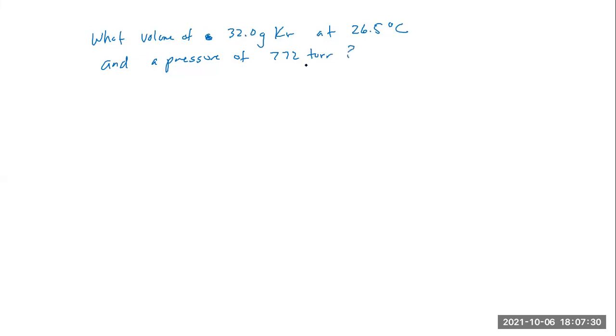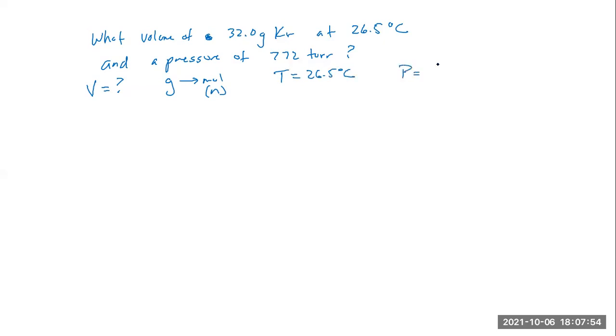So if we have this problem and pull out the information, we're looking for a volume. We have grams here, not moles, but we do need to get them into moles, which would be n. We have the temperature, 26.5 degrees Celsius, and we also have a pressure.